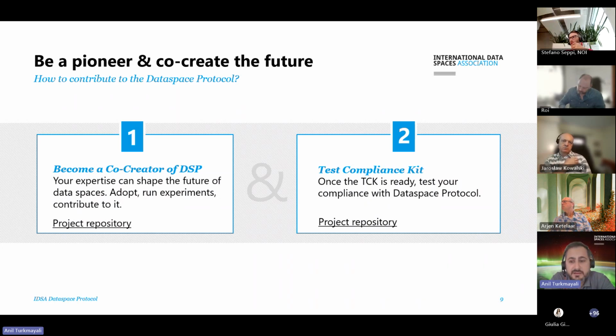So we have a repository where all the experiments are running. All the specification is being made, and there is also a test compliance kit that's under development at the moment. This is basically to ensure a project's compliance level with the Dataspace protocol, so how compliant you are with it.